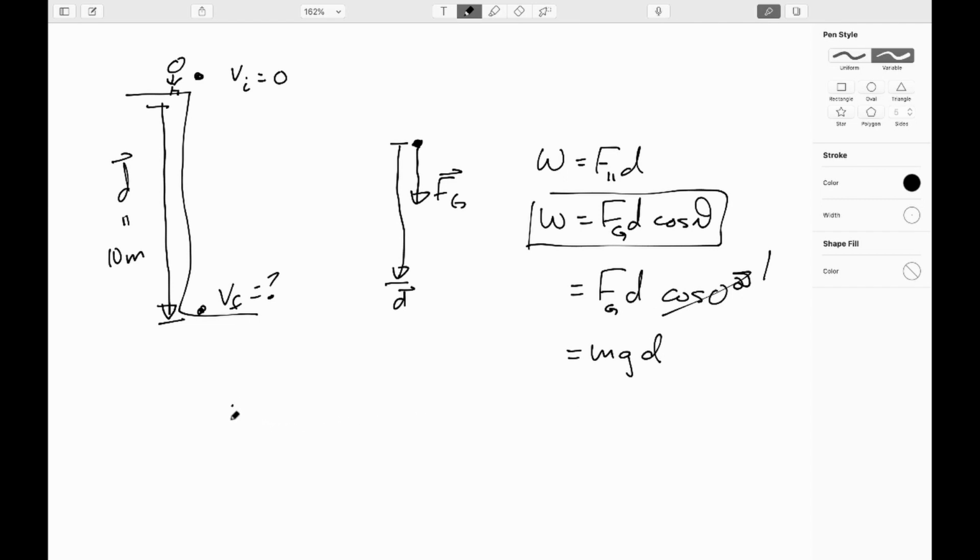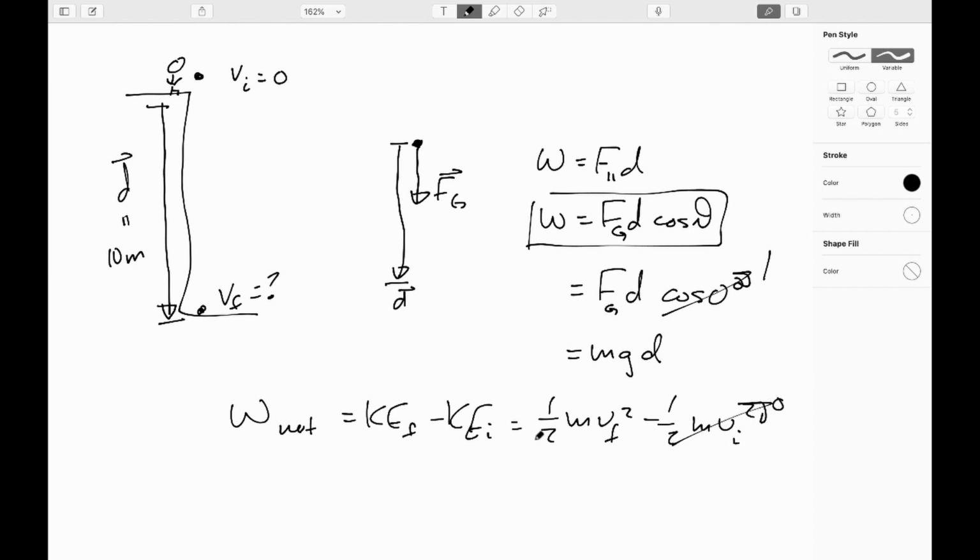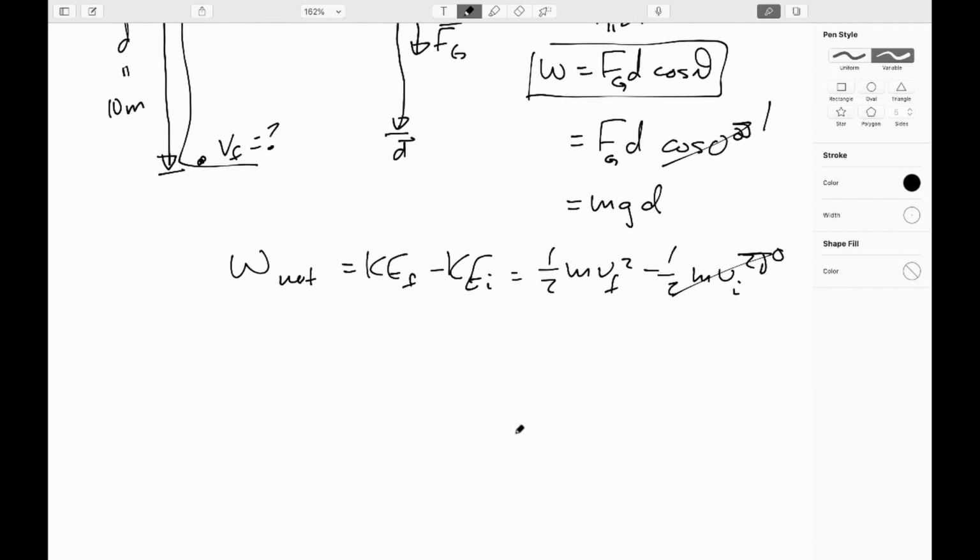All right, so now the net work is equal to KE final minus KE initial, so this is 1/2 m v final squared minus 1/2 m v initial squared. And v initial is 0, so the initial kinetic energy is 0. All right, so equating the net work, because all we have is the work done by gravity here, mgd will equal 1/2 m v final squared.